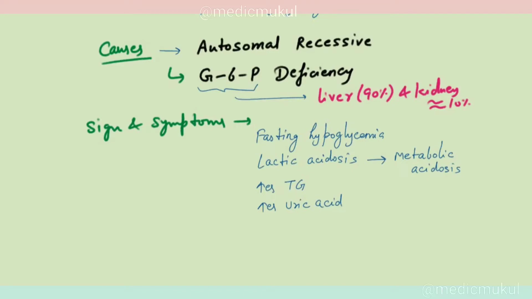So the target organs will be our liver and kidney. This is the organ that will be affected in glycogen storage disorder. If the liver is affected, there will be hepatomegaly, and the liver size will be increased. As we are seeing, there is increased uric acid because the kidney is affected.